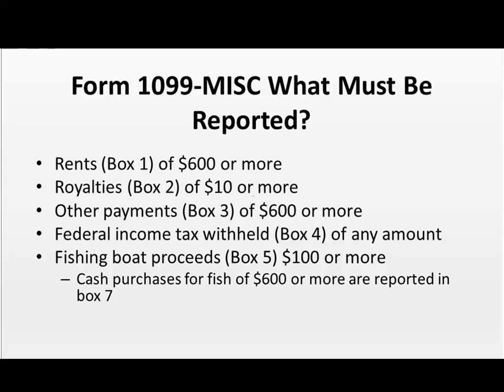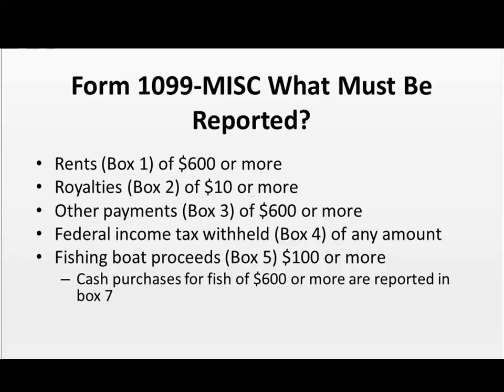Generally, this is anything that should be reported that's not reportable anywhere else on the form. This includes prizes and awards, not prizes and awards to employees. They go on a W-2. But prizes and awards, the payments in respect of a decedent of taxable income, I mentioned that earlier, and various other things. It's kind of a catch-all, but it should be something that is actually reportable as income.